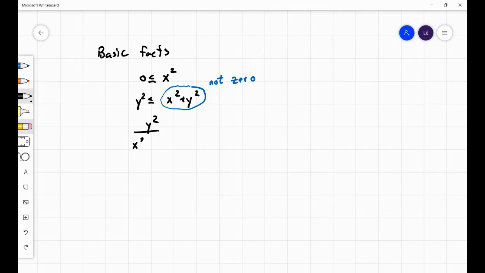So hopefully this is clear that this expression, x squared over x squared plus y squared, is less than or equal to 1. In fact, if you have some even power of x or y in the denominator, that'd still be the case, right? Because the same argument holds.